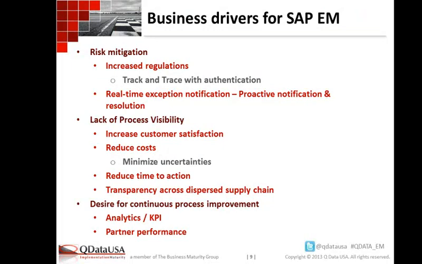With real-time exception notification, we can proactively address any of these issues and reduce our risk. The first time we uncover a counterfeit coming into our supply chain, we can immediately stop it there. The last thing we want is for that counterfeit drug product to flow through the supply chain and out our door, and then ultimately end up being fatal to someone, and we're going to be liable for that too.